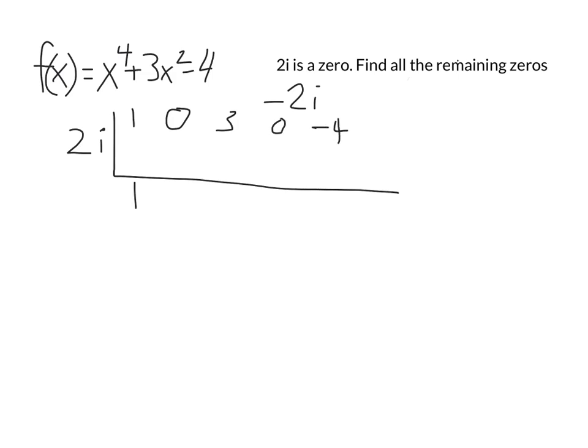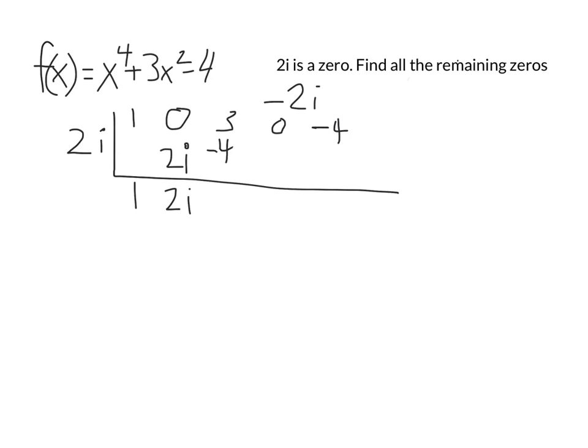Now I go ahead and put my 1 there, so 1 times 2i is 2i. Then 2i plus 0 is 2i. 2i times 2i is 4i squared. Remember, i squared is just negative 1, so I can change this to negative 4.